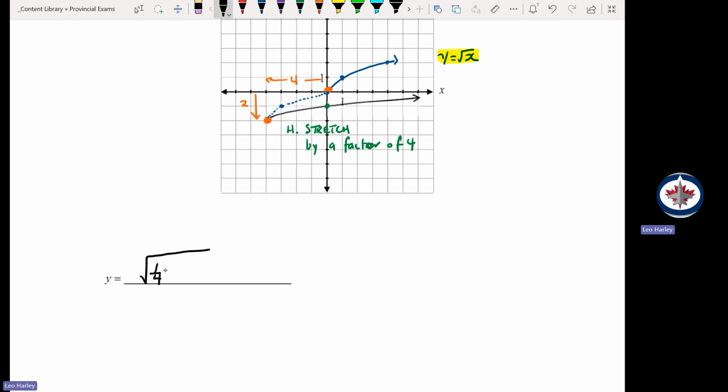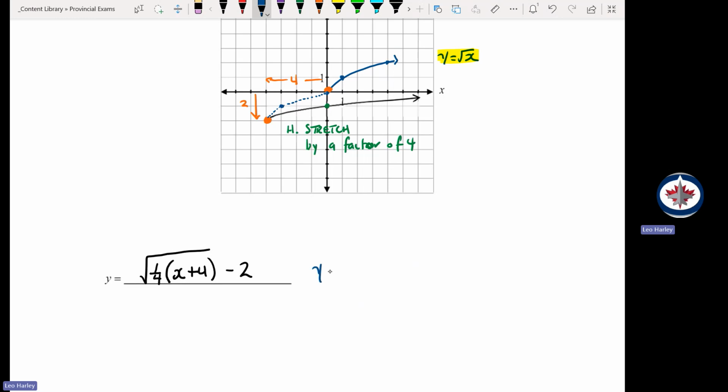So it's 1/4 bracket x. Was there a shift horizontally 4 steps to the left? So then you better write plus 4 in bracket. Was there a change vertically? Minus 2.